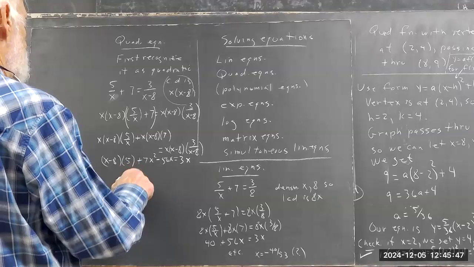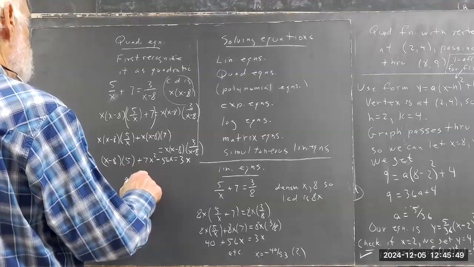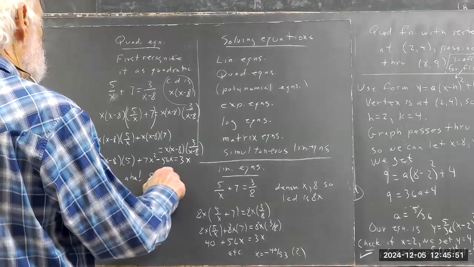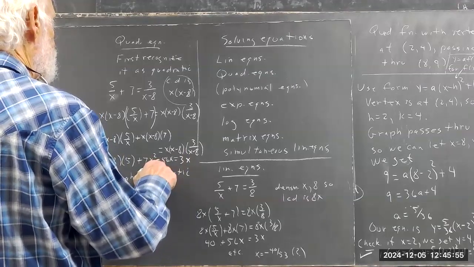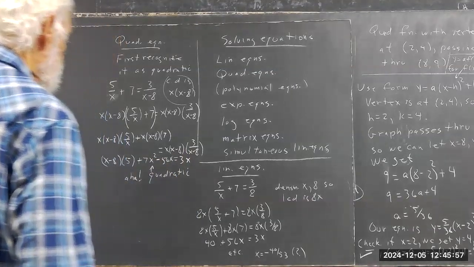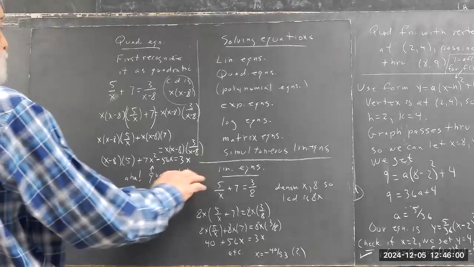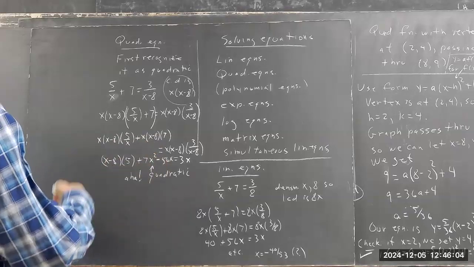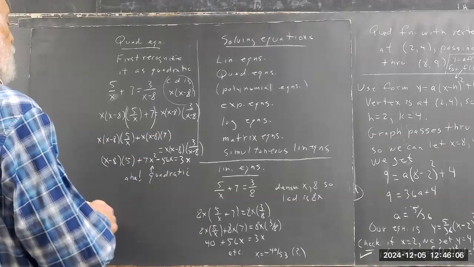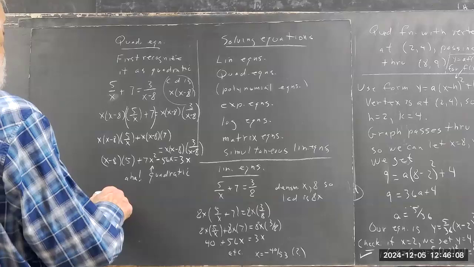We say, aha, this thing is quadratic. We can recognize it. When we multiply everything out, we'll have x squareds and x's and just plain old numbers. Okay, well, we continue then.